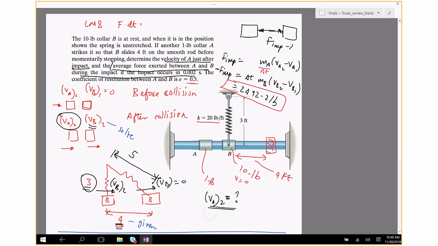So LMB says mv2 minus mv1 or something like that. Just check that equation. I think that equation is there. That's the one I used. It shouldn't be divided by delta t. So that equation earlier was wrong. So it should be multiplied by delta t. What's delta t? Delta t is the time. So it's 0.002. Okay, I'll see you on Monday.